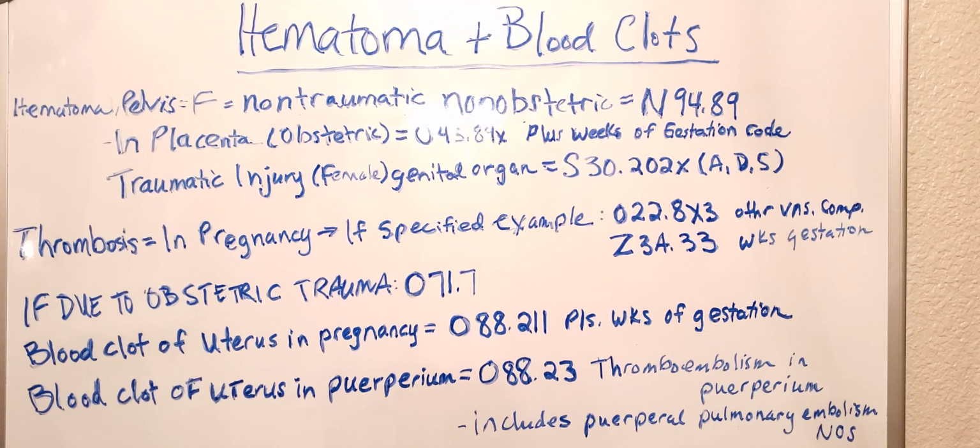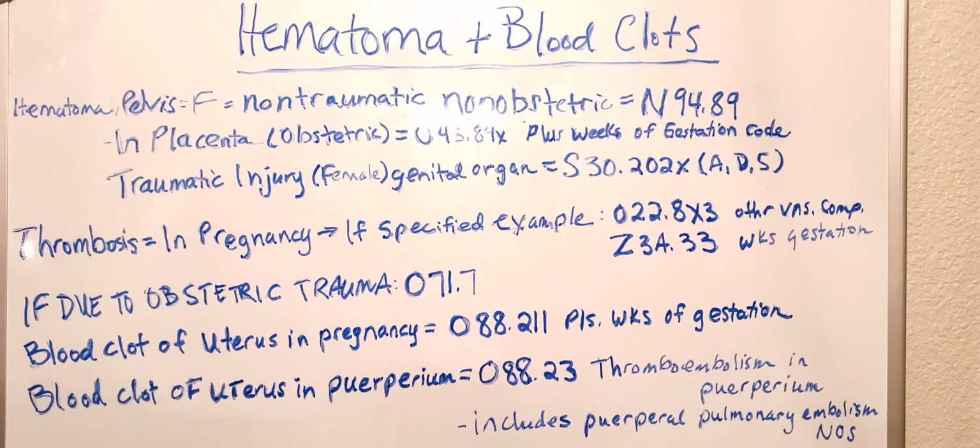They also have the specified injury codes. I don't have the book with me, but if you look in that section, they're broken down a lot more. This is for the external, and this is the unspecified one, okay? That's the unspecified code.